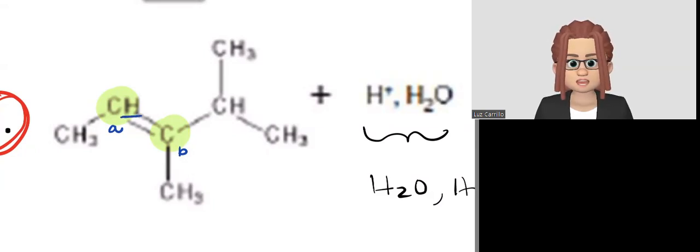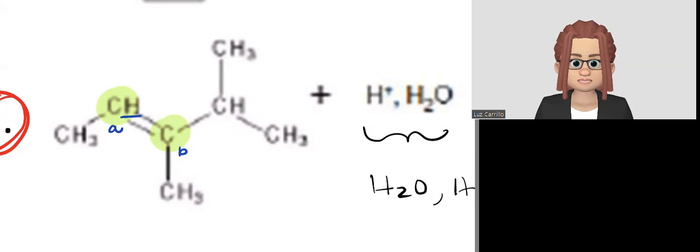Carbon B does not have any hydrogens directly attached to it. Since carbon A has a direct attachment to a hydrogen atom, when I erase the double bond, that carbon receives the hydrogen, and carbon B is going to receive the OH. So this is how you decide who receives the hydrogen in a hydration reaction. Whoever is connected to the largest number of hydrogen atoms, directly connected, is going to receive the incoming hydrogen, and the other atom is going to receive the OH.